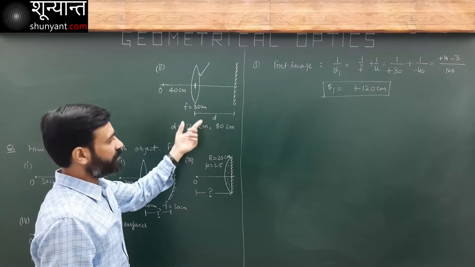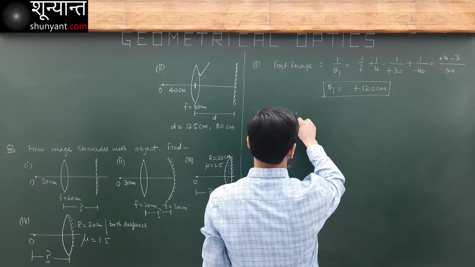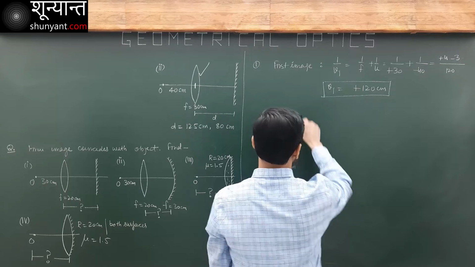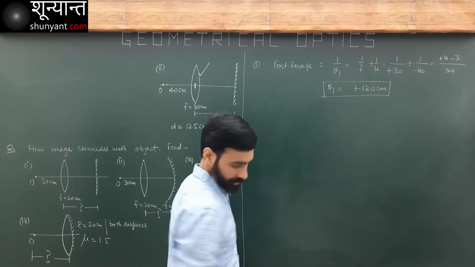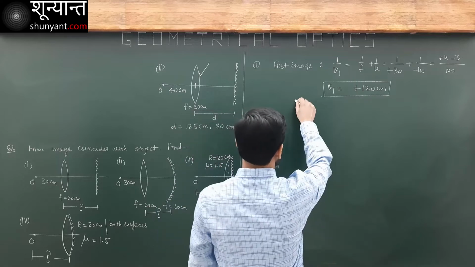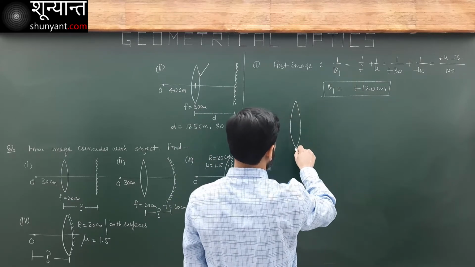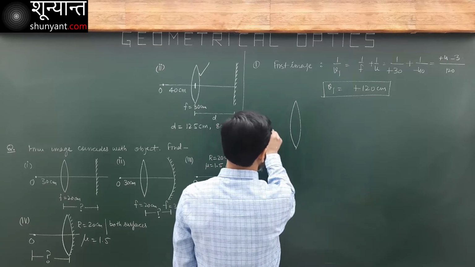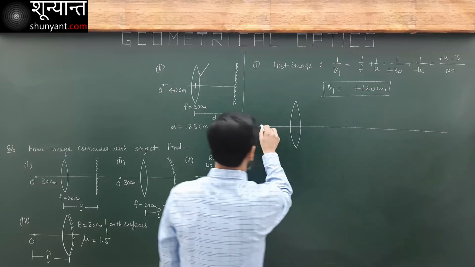This is 125. So let's first draw this first image. Let's draw the ray diagram of the first image. My object is here.